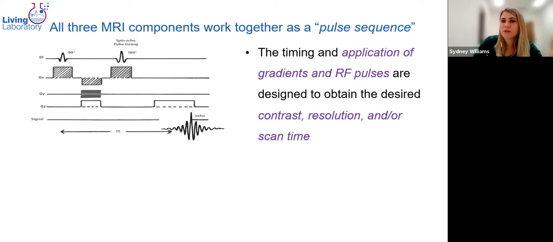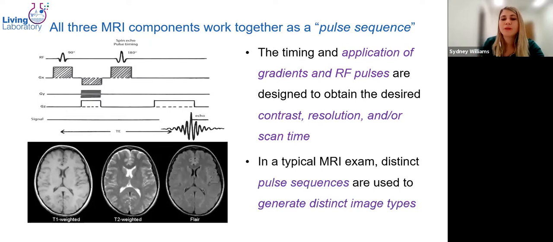So we have this sequence, but in reality, a normal MRI scan will have many pulse sequences. The reason we have many pulse sequences is because with different variations of this timing, we can create different types of images that have different clinical applications. So here on the bottom, I'm showing an example of the same human brain, but with different pulse sequences applied, so it creates different contrasts.